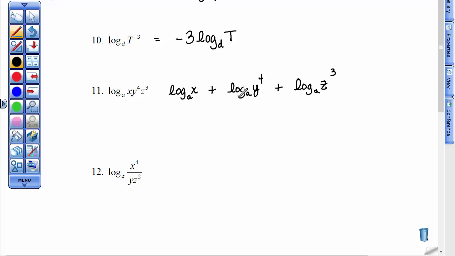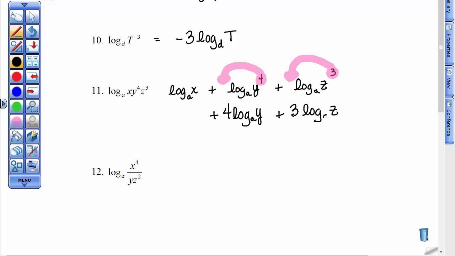And then next, because it said also write as multiples, I would really prefer that you bring the 4 down in front, and I'd really prefer that you bring the 3 down in front. So now you've written those as multiples. So this would be 4 times the log of y, where the base is a, and this would be 3 times the log of z, where the base is a. And then we can't forget to bring this down in our statement as well. And now we have written this as the sum and multiple of logarithms.